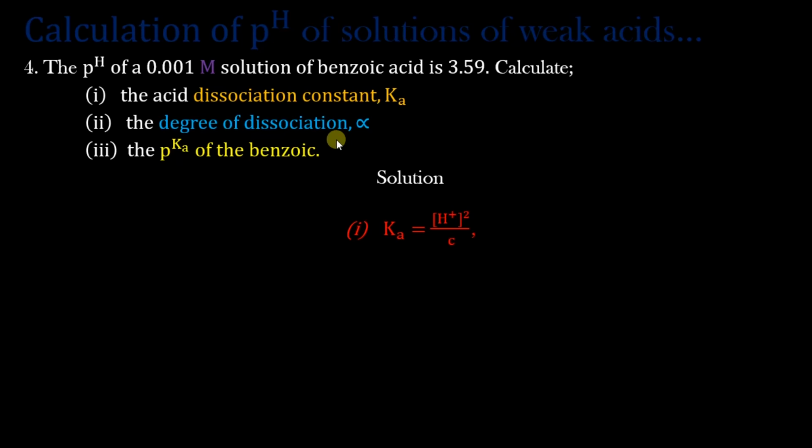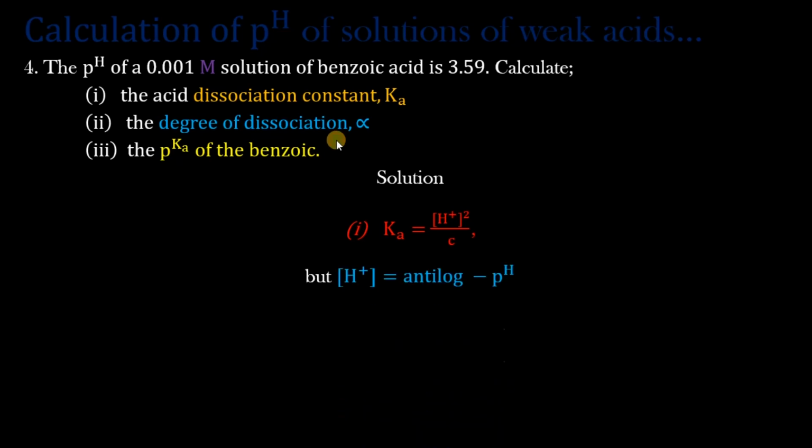So if we square that, our molar concentration of hydrogen ions can be obtained from the pH, since we know the value as 3.59. Now that would be the antilog of negative 3.59, and the original concentration of benzoic acid is 0.001. So when we substitute those two values in this expression, we should be in a position to obtain the Ka value for benzoic acid.